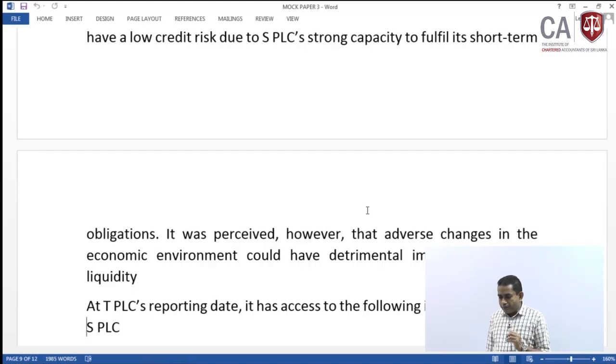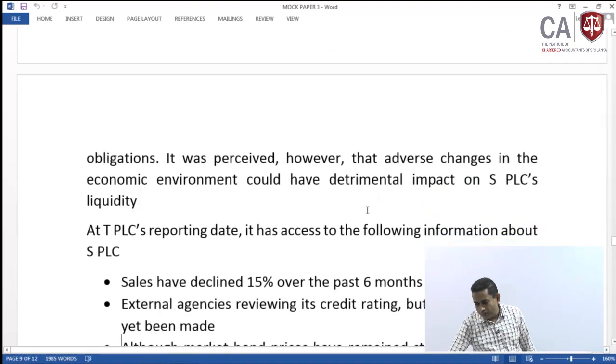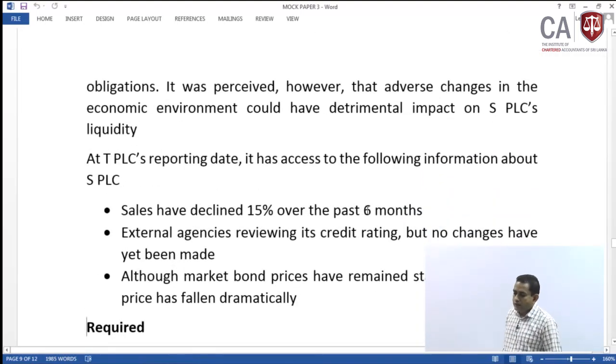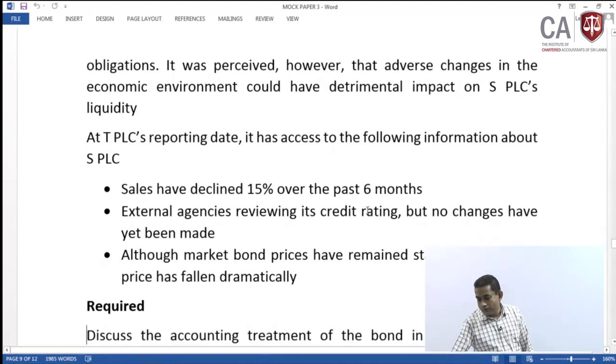At TPLC's reporting date, it has access to the following information about SPLC. Sales have declined 15% over the past 6 months. External agencies reviewing its credit rating, but no changes have yet been made. Although market bond prices have remained static, SPLC's bond price has fallen dramatically.